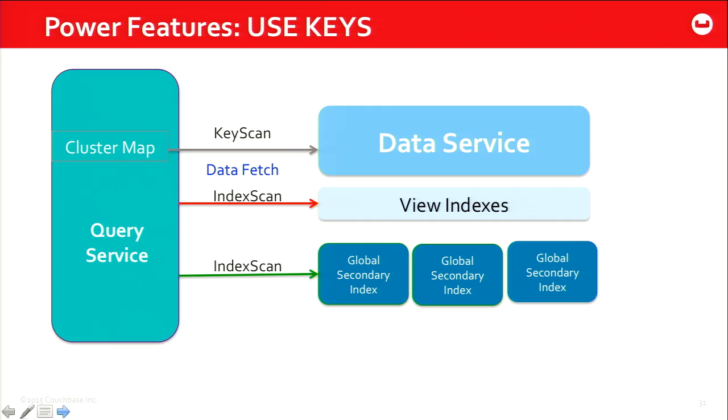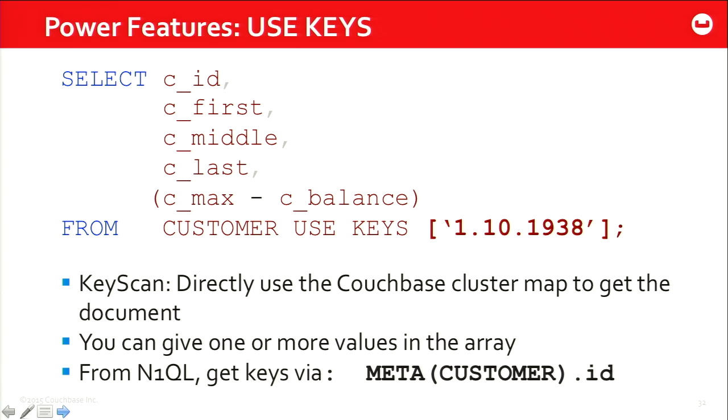So you have seen the access methods to the data, index access method as well as the key scan. And what I'm going to show you is how the key scan works. This is how we are bringing NoSQL into SQL. If you use keys as a modifier to the key space clause, that means for the use keys clause, you can give one or more document keys as arguments.